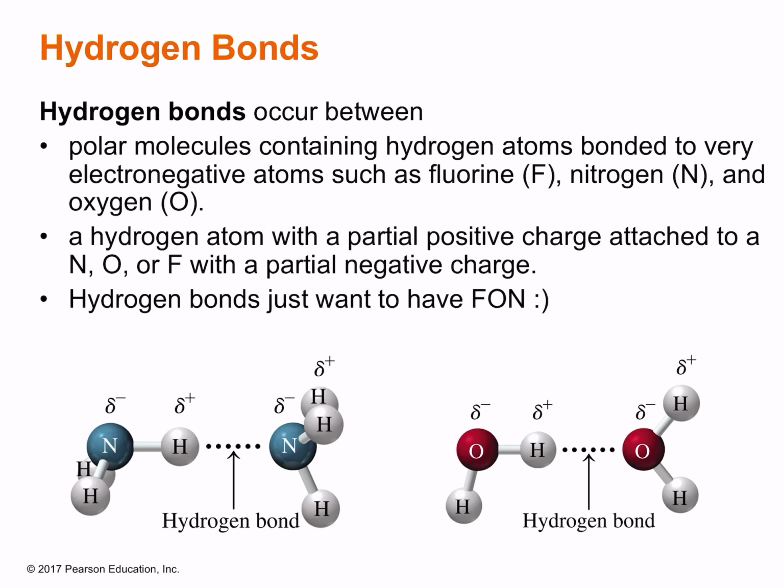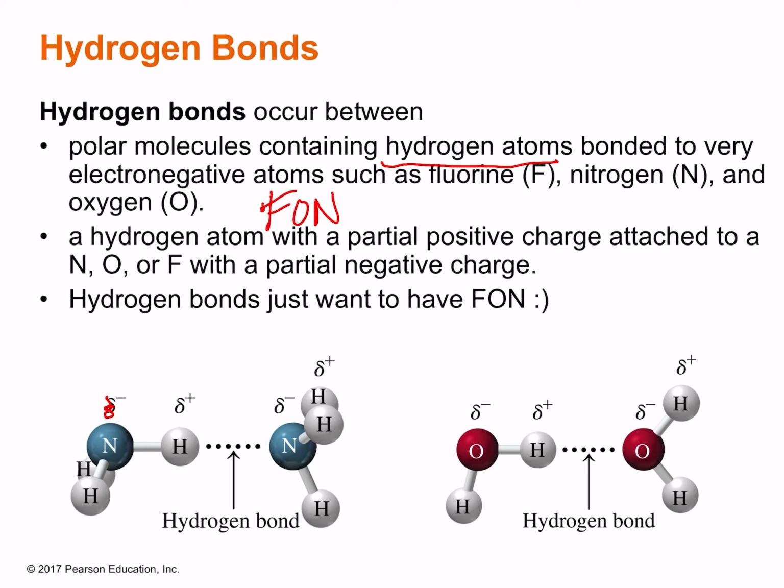So hydrogen bonding occurs between polar molecules that contain hydrogen atoms that are bonded to really electronegative atoms: fluorine, nitrogen, oxygen. Again, hydrogen bonds just want to have fun. The reason this happens is that when a hydrogen atom is bonded to a really electronegative atom, like nitrogen, oxygen, fluorine, we get a big separation of charge.